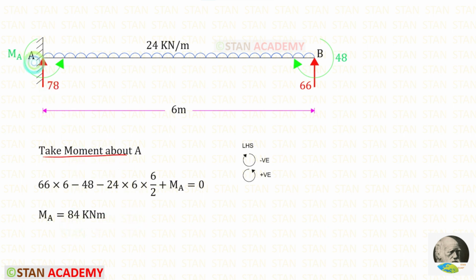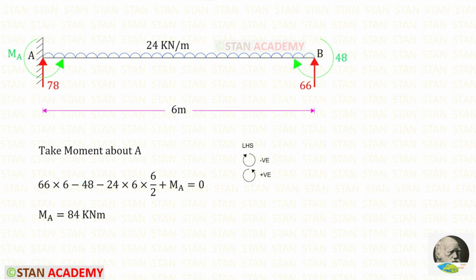Let us take moment about A and find MA. RB1 is acting in the anticlockwise direction so that it will be positive, and the distance is 6. So 66 into 6. The moment 48 is acting in the clockwise direction, so that it will be negative.